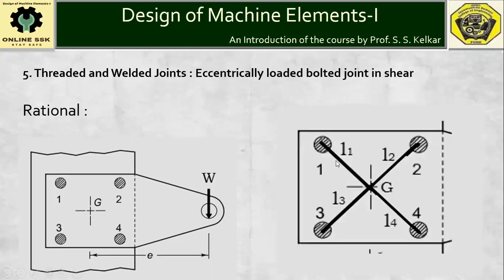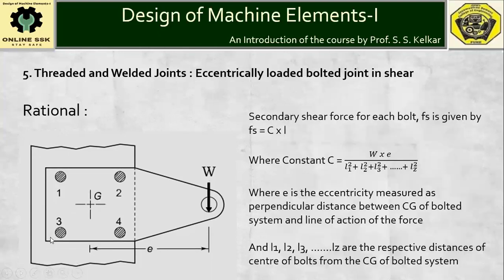So here one can notice L1, distance of bolt number 1 from the CG, L2, distance of bolt number 2 from the CG, L3, distance of bolt number 3 from the CG. Likewise, L4 is the distance of bolt number 4 from the CG.